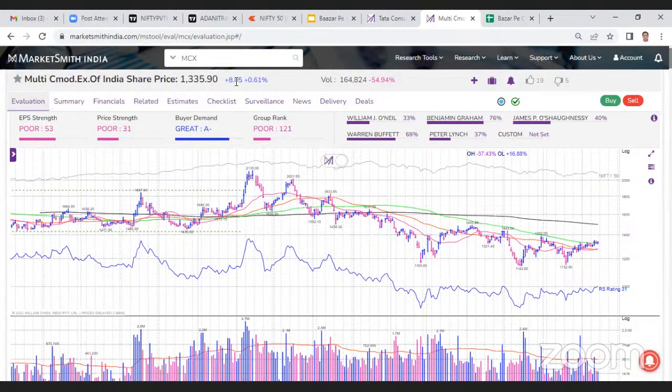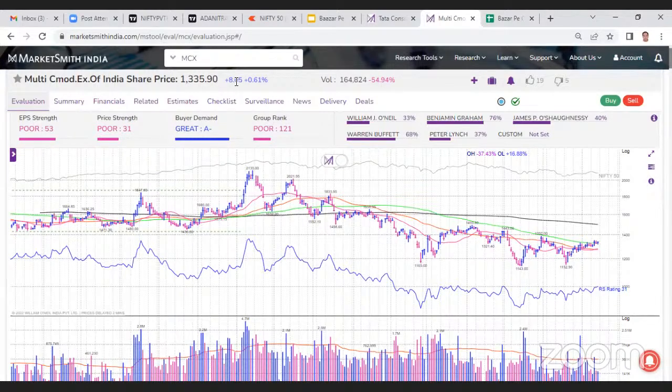It has tried to breach it many times, but once again it took support around 1150. So support on the downside is 1250, and the next major support is 1150. Further bounce back may happen, I'm not denying that, but at the same time, it has also reclaimed the 100 DMA.